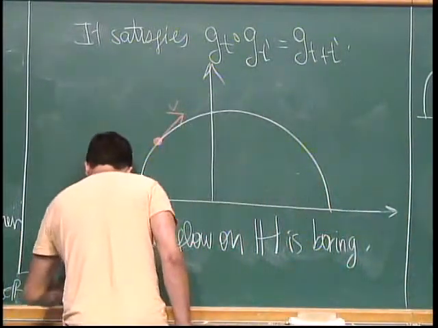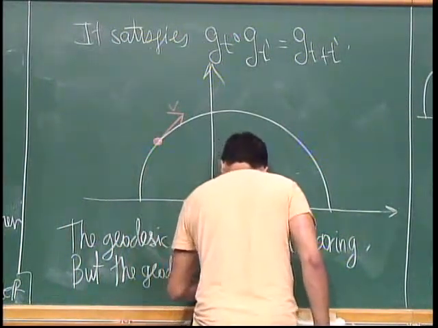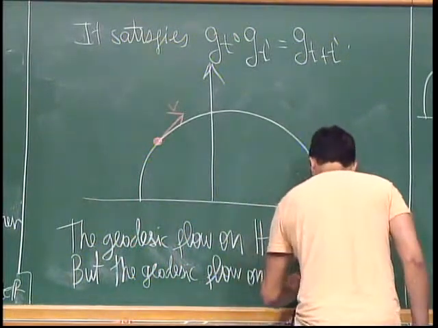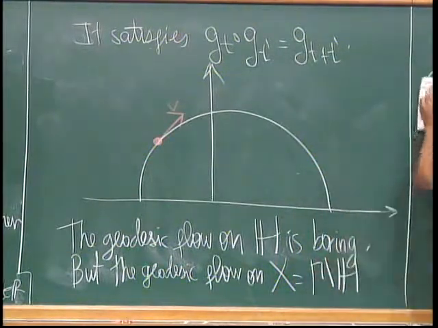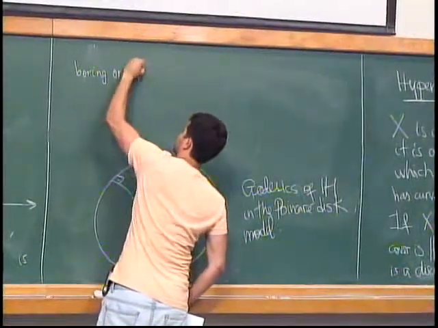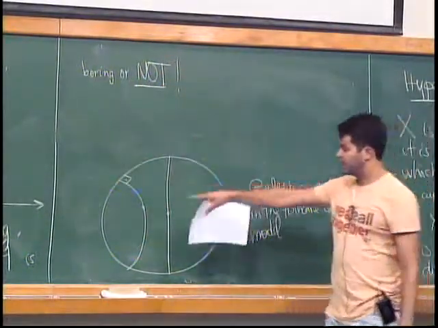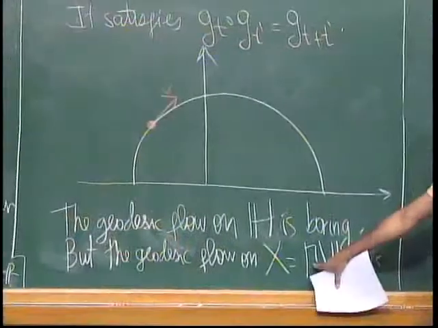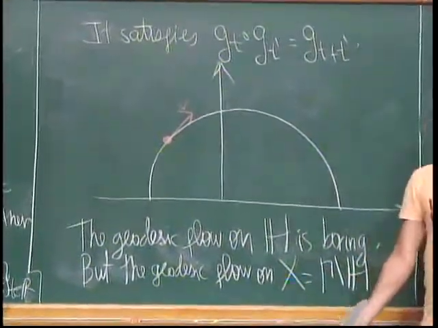But the geodesic flow on X equal to Gamma mod H is boring or not. Okay? So the identifications that you make with this group of isometries here allow you to come back to where you started, for example.